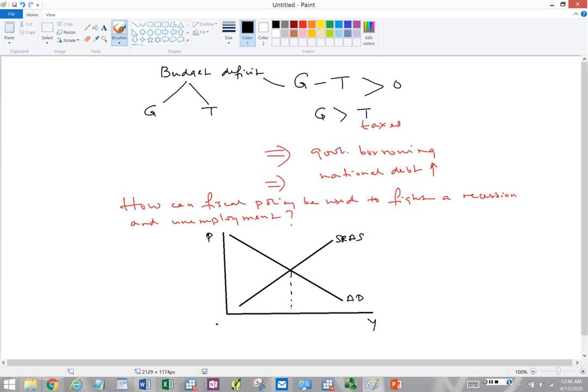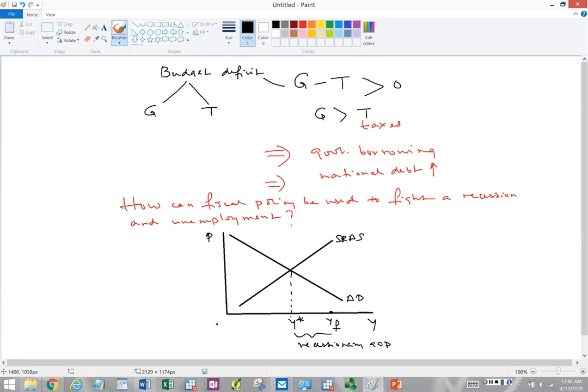This is where we have macroeconomic equilibrium, real GDP, which is less than full employment real GDP, and that is your recessionary gap.